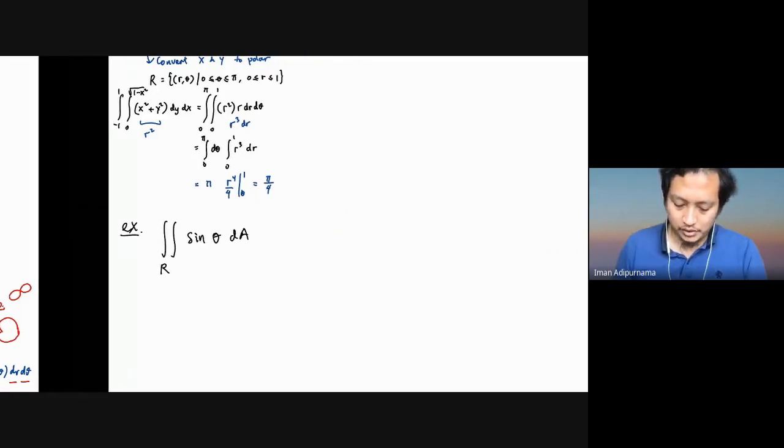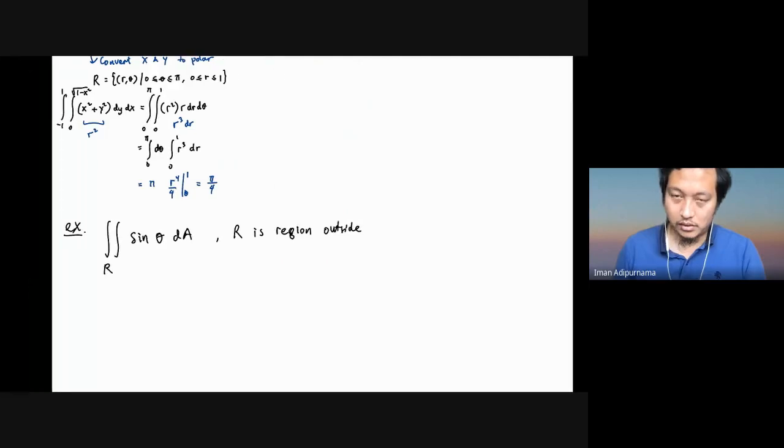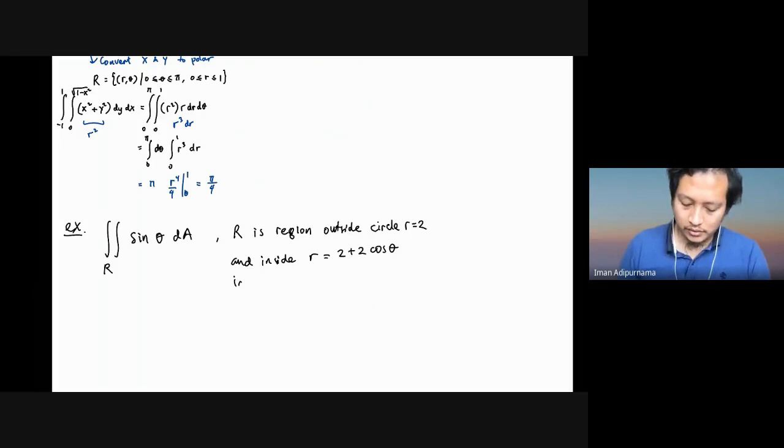And the question: R is a region outside the circle r equal 2, and inside the polar equation r equals 2 plus 2 cosine theta, in the first quadrant.